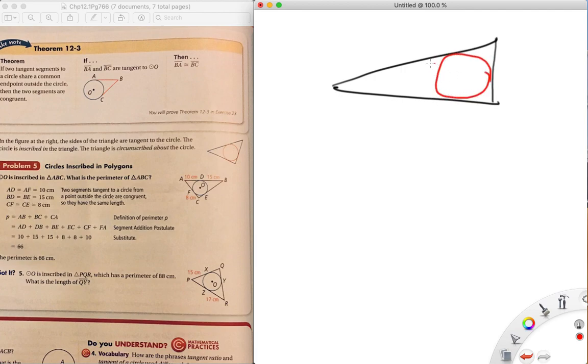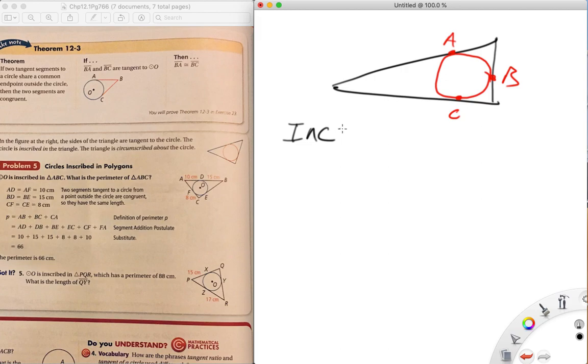Oh well. All right, so the circle is going to hit at three different points of tangency. Point A, point B, point C. It only hits at that one point of tangency. Exactly one point here, exactly one point here, exactly one point here. We use the word inscribed to talk about the circle inside the triangle.